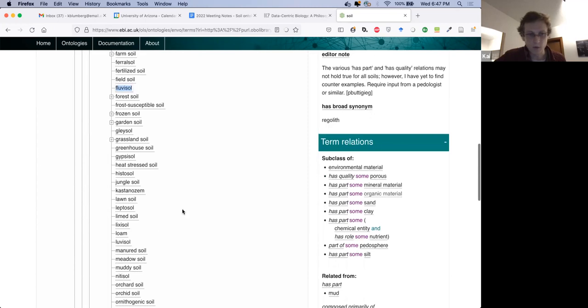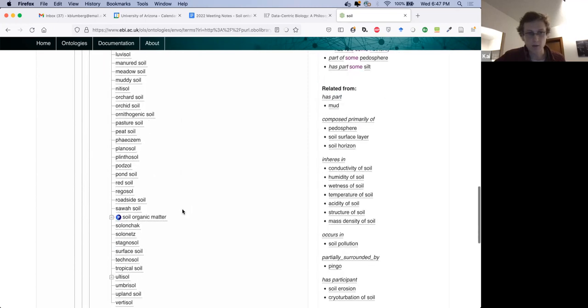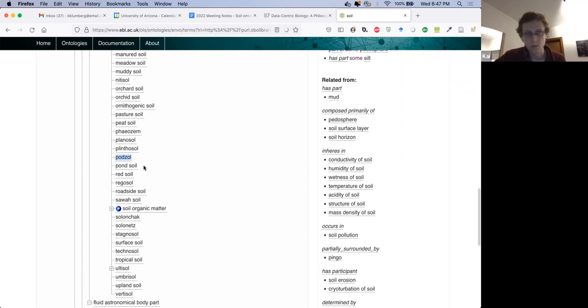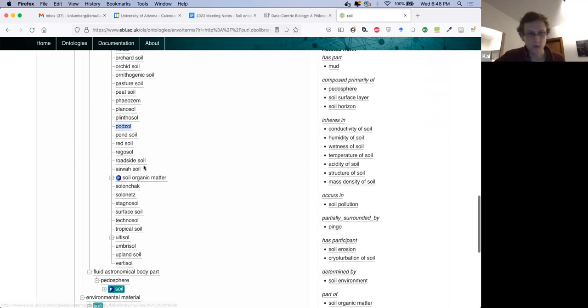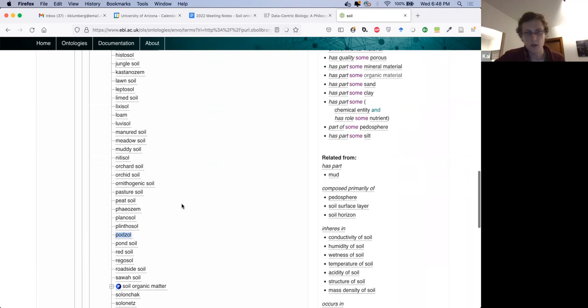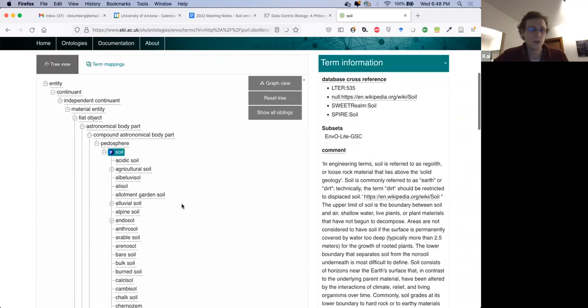Like I said, it has what it has. It's by no means exhaustive. I know it has some more specific scientific terms. As for them being at the same level, it's just that we haven't differentiated it further, other than that it's soil and something else. So it's soil which is also acidic, soil which is, let's just click on one of these and see.